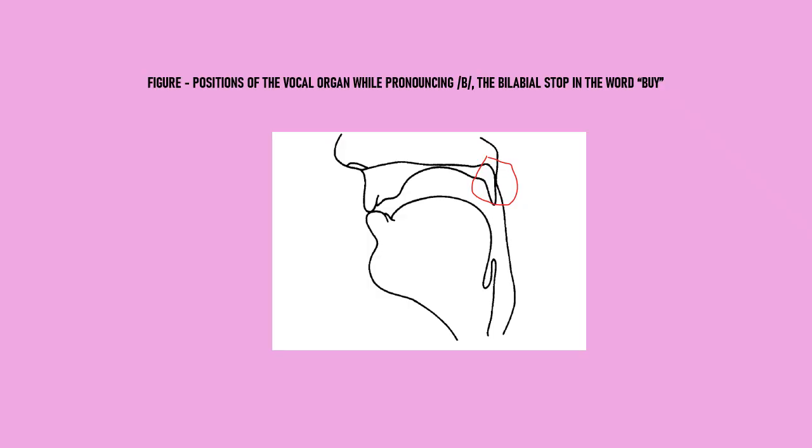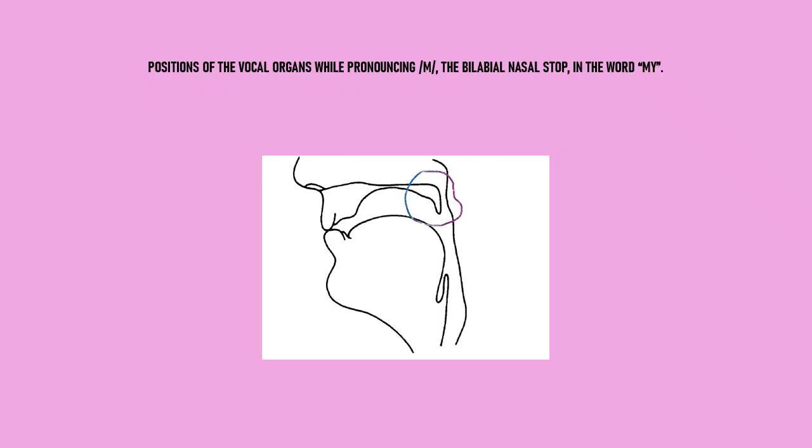These are the figures. In this figure, this is for oral stop. We can see the position of the vocal organs while pronouncing b, the bilabial stop in the word by. And then in this figure, we can see the position of all the speech organs while pronouncing ma, the bilabial nasal sound in the word my. From these two pictures, we can clearly see the only difference here is in the velic area.